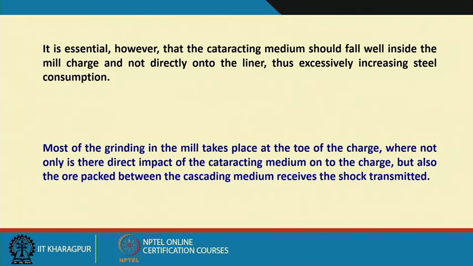It is essential, however, that the cataracting medium should fall well inside the mill charge and not directly onto the liner, thus excessively increasing steel consumption. This is a very vital point.